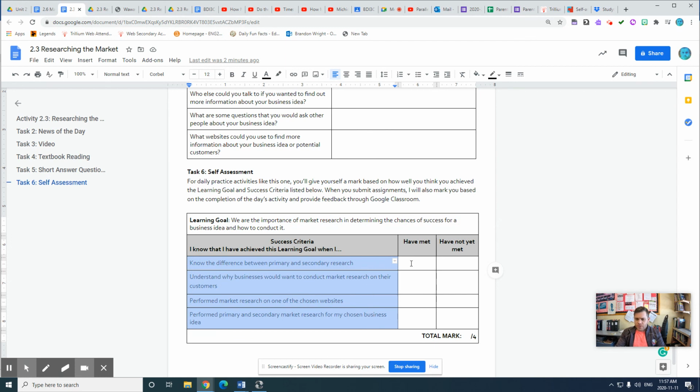So put an X if you have met or have not yet met them. You know the difference between primary and secondary research. You understand why businesses would want to conduct market research. You perform market research on one of the chosen websites, and you perform primary and secondary market research for your chosen business idea. So if you've done all 4 of those things, you would put an X in each box and give yourself a mark out of 4 out of 4.